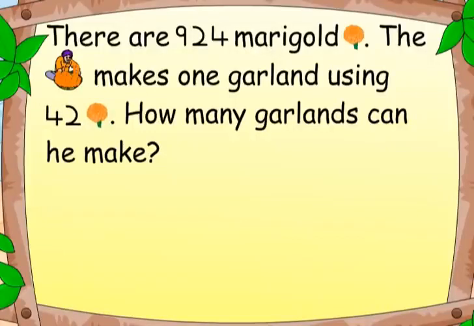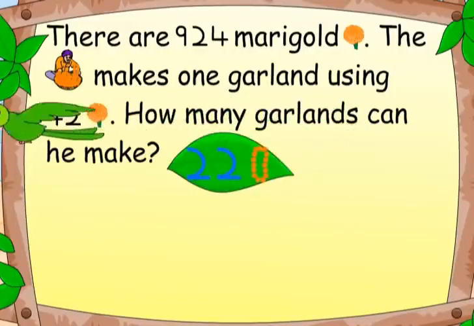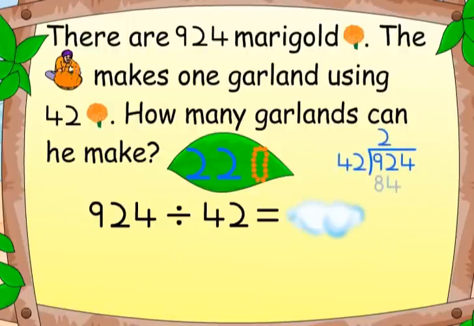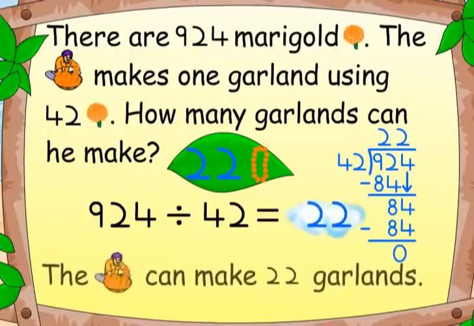How many garlands can he make? 22 garlands. 924 divided by 42. 22. The florist can make 22 garlands.